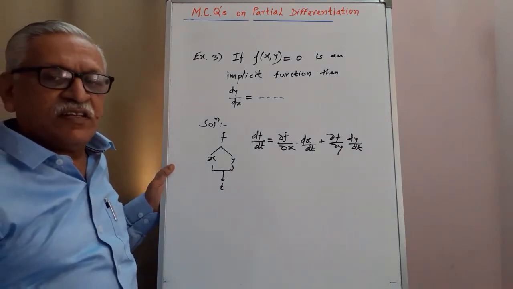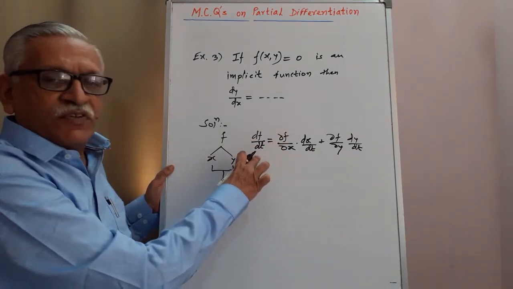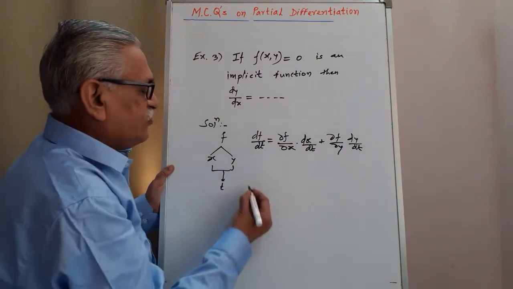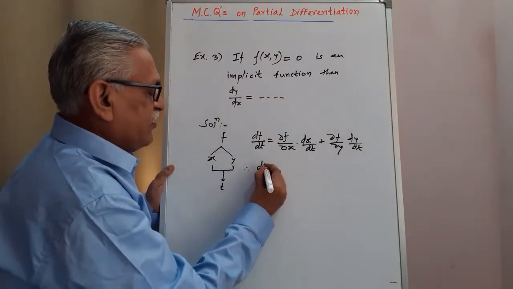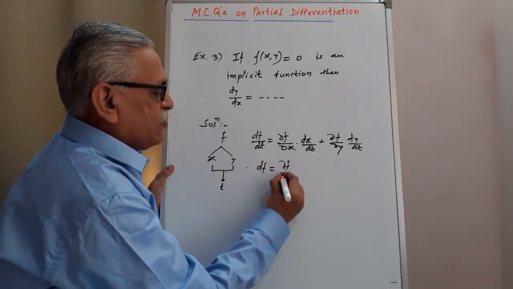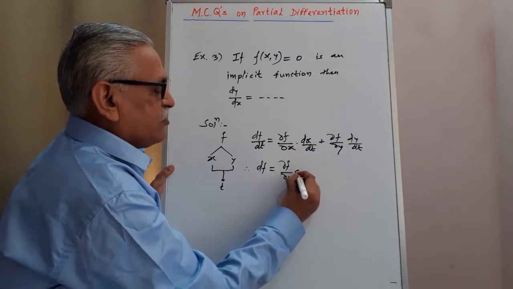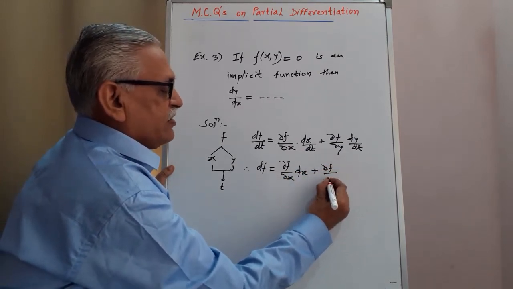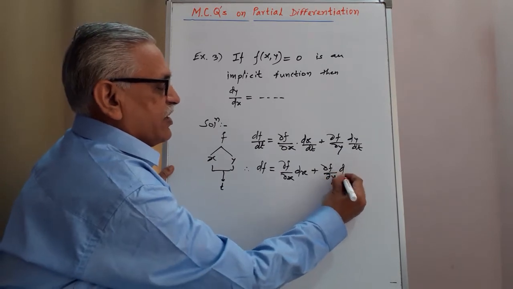This result is called the total differentiation of f with respect to t. Then we can cancel dt throughout. We get therefore df, the total derivative of f, is equal to dou f by dou x into dx plus dou f by dou y into dy.